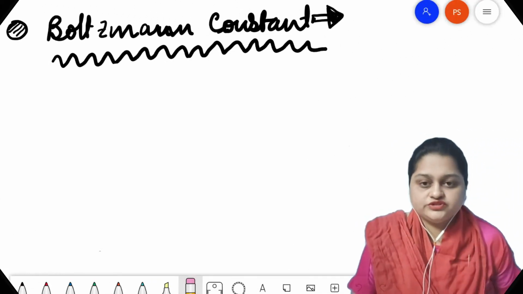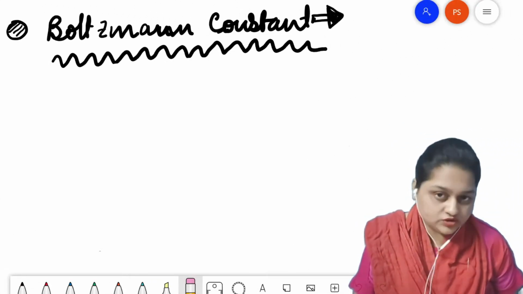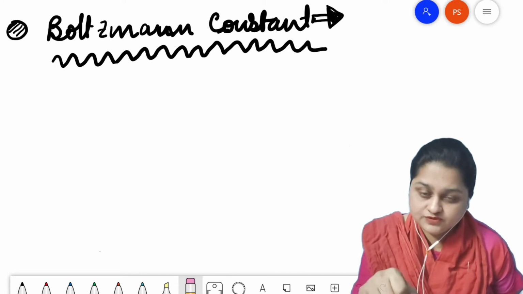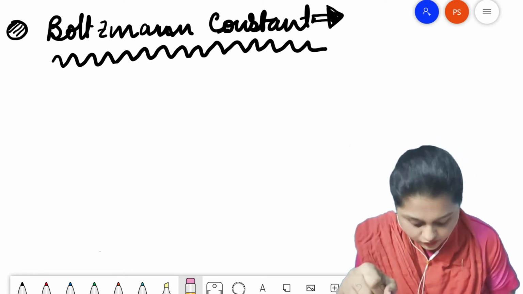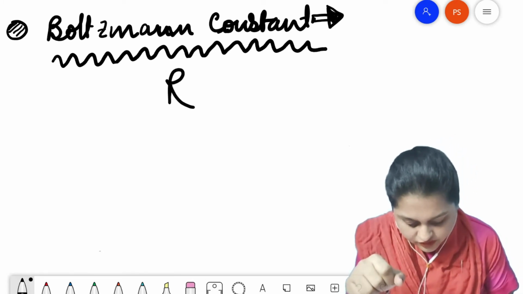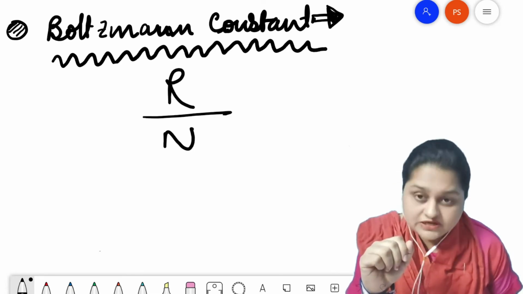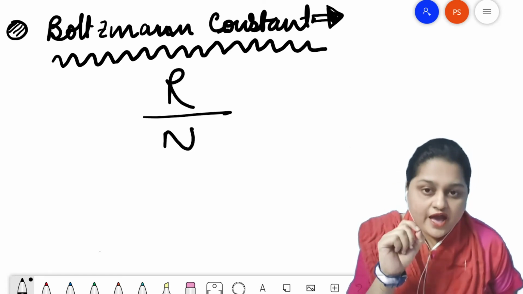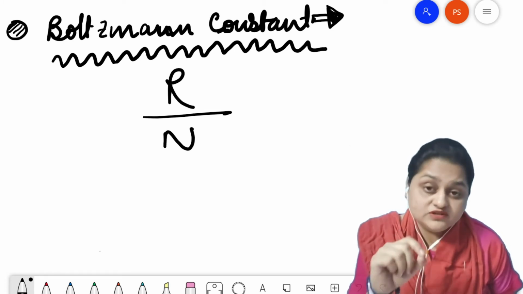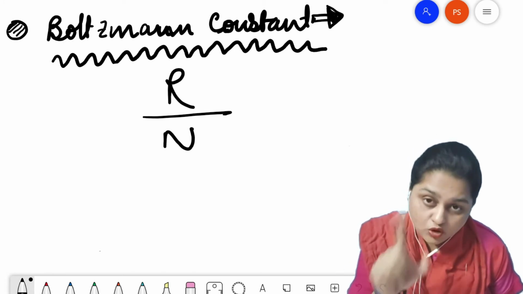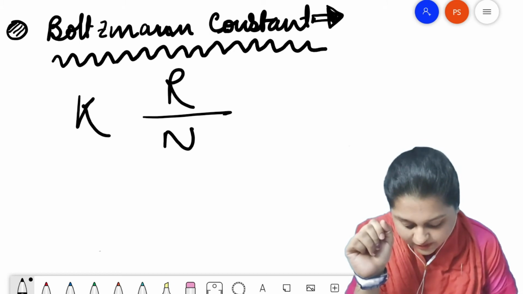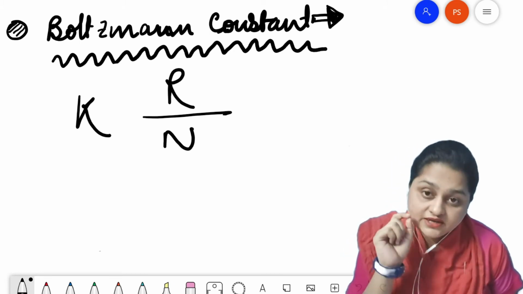Universal gas constant R represents the gas constant value for 1 mole of gas. Therefore, when universal gas constant R is divided by Avogadro's number, it represents the value of the gas constant for one molecule of gas, which is represented by the Boltzmann constant k.